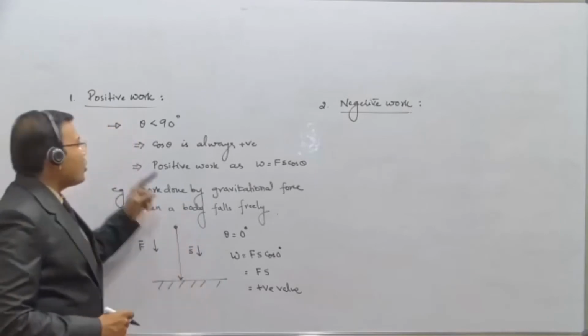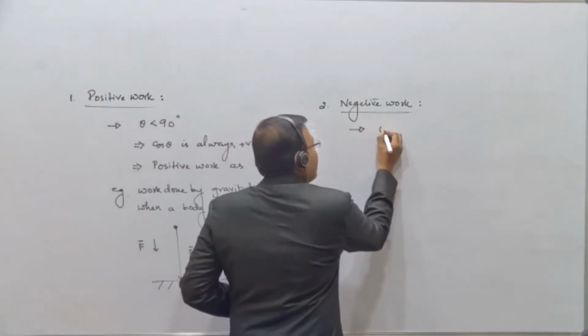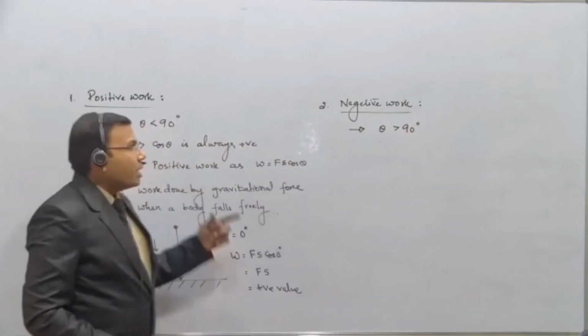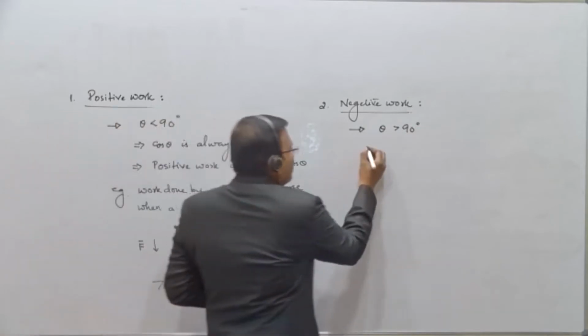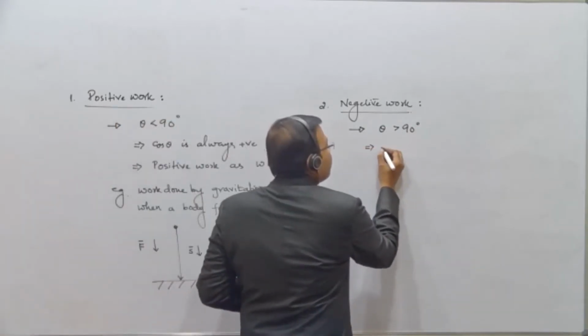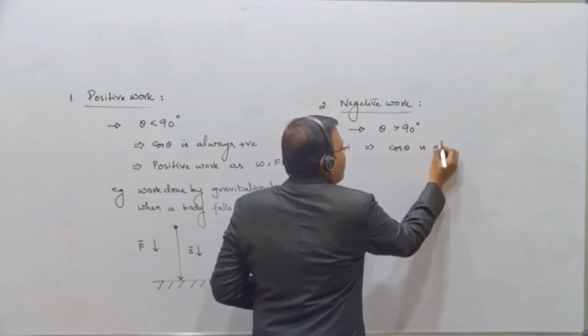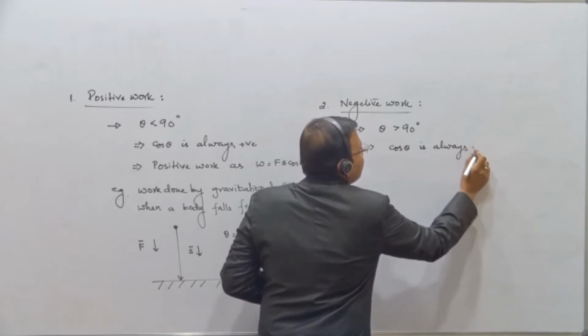So let us see the first point what I have written, it is greater than, less than. So here we will write, it is greater than 90. So when it is greater than 90, cos theta is always negative.